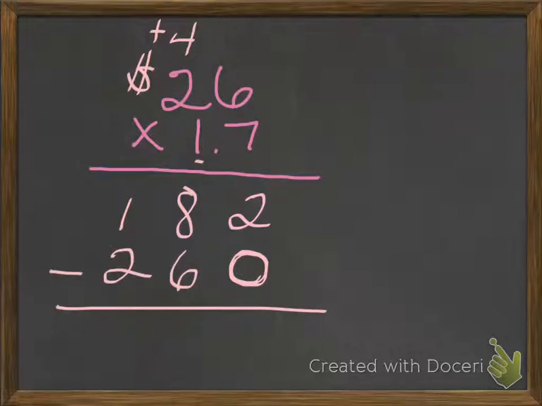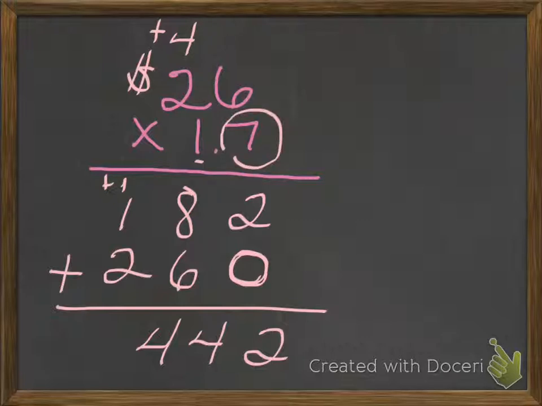Add up our partial products. We have 2 plus 0 is 2. 8 plus 6 is 14. Carry that 1. 1 plus 1 is 2. 2 plus 2 is 4. Okay, then we have a decimal, so we have to count how many digits are after the decimal. There are two digits after the decimal, so we're going to put the decimal over two digits.